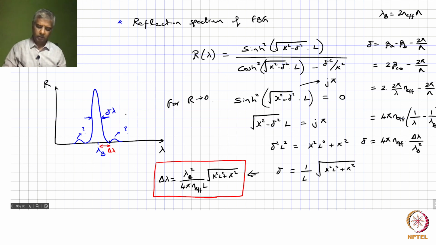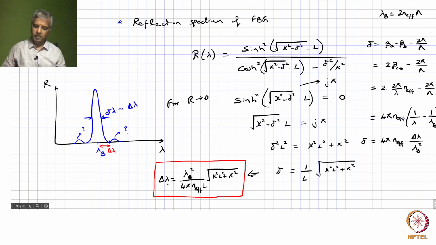So, you can say this delta lambda is approximately equal to capital delta lambda under some very specific criteria, but nevertheless that gives you some idea of what the width of that spectrum is. And what does it depend on?